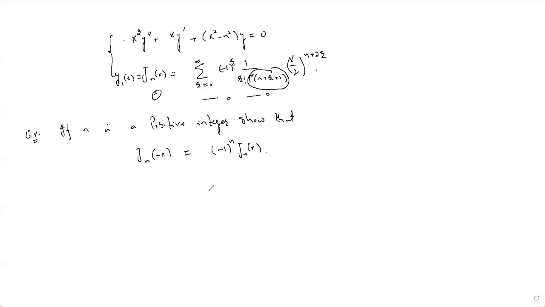It's very easy to show because you already know what Jn of x is. These are some very simple properties we will be discussing.